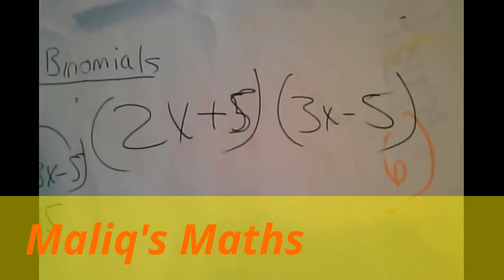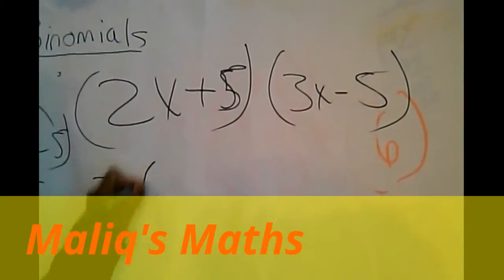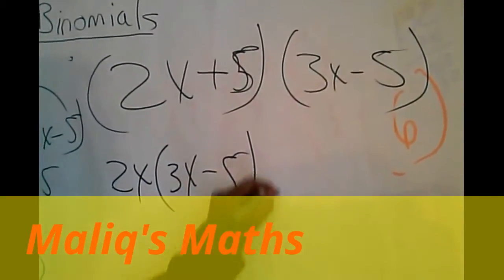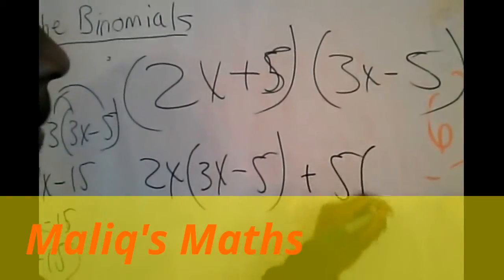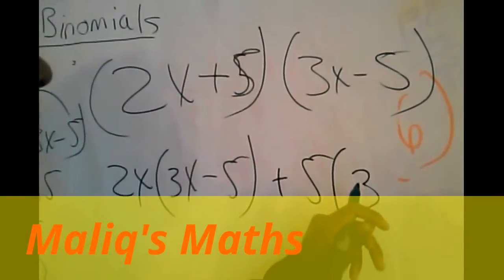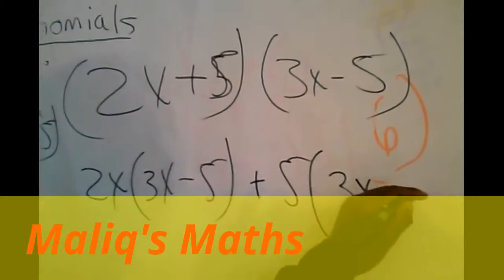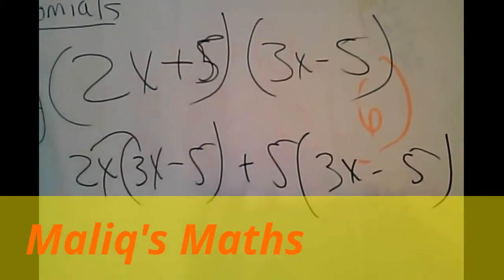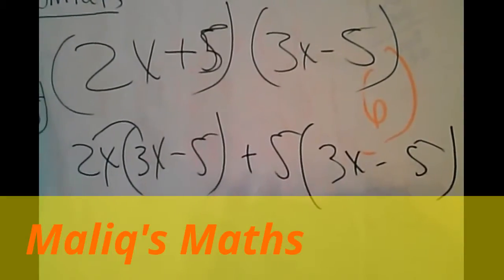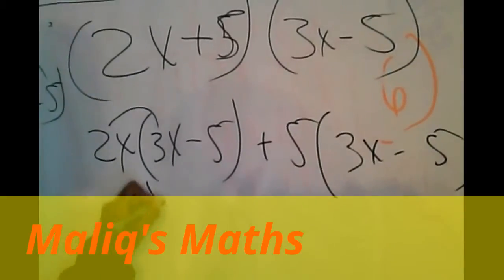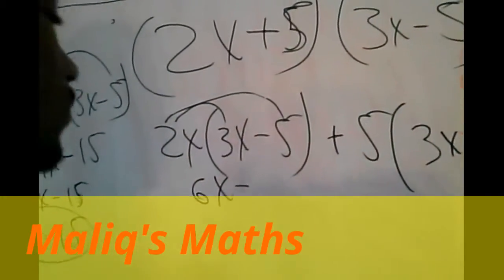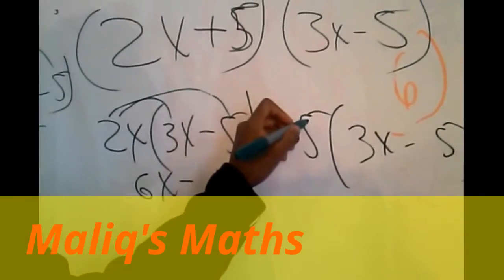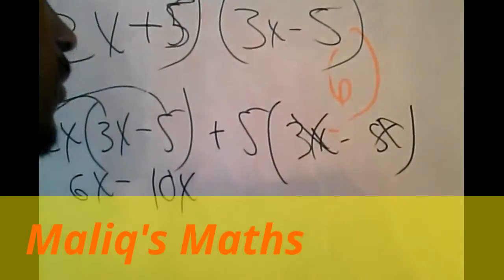We got 2x. Alright. 2 times 3 is 6x minus 2 minus 3 times 5, and we got, I messed up on here.